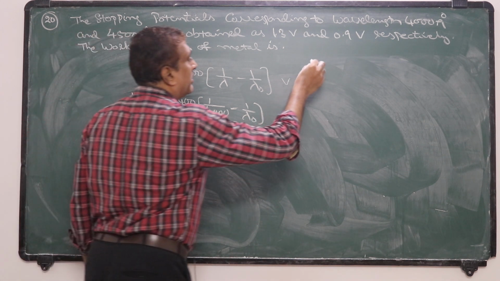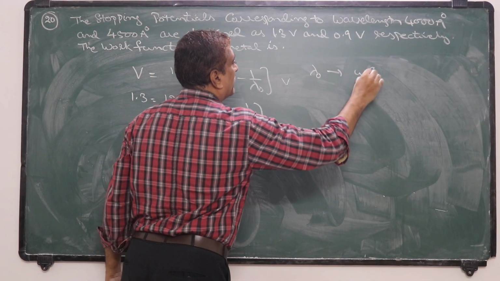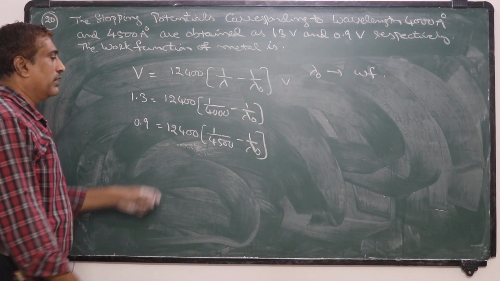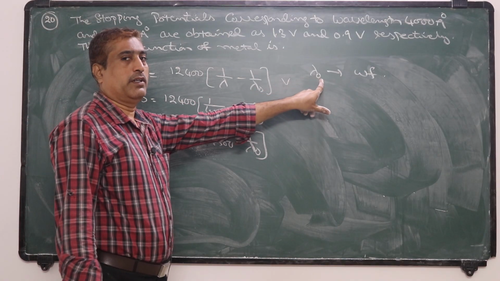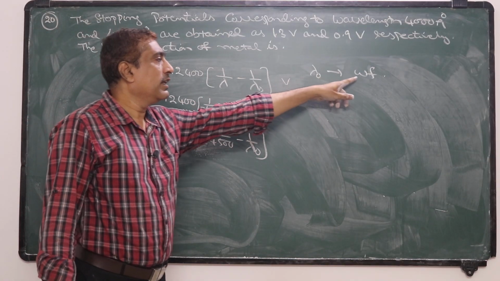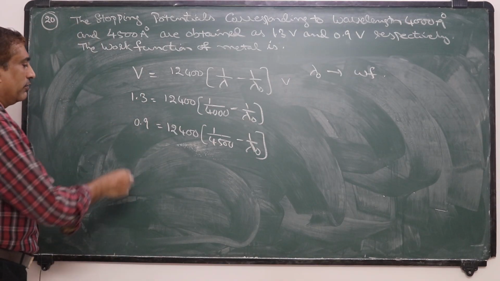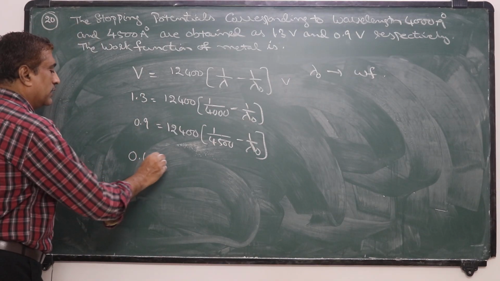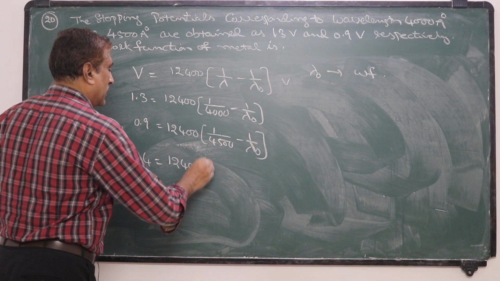So first, by solving these, we have to get lambda naught, and then we can calculate the work function.